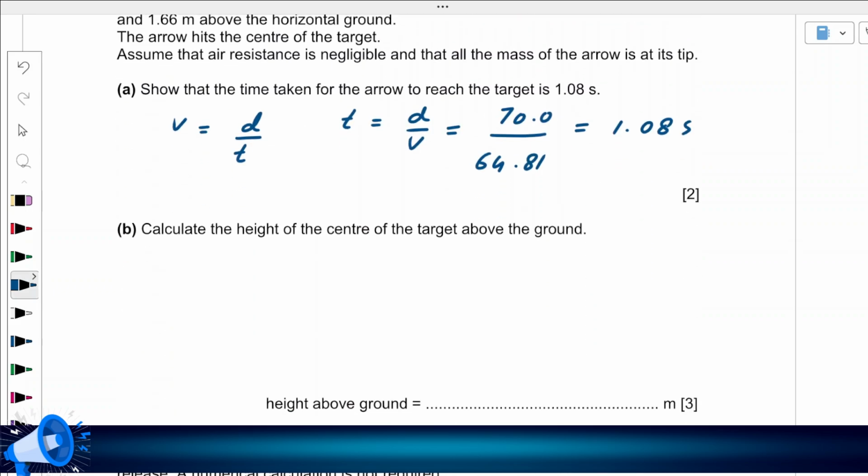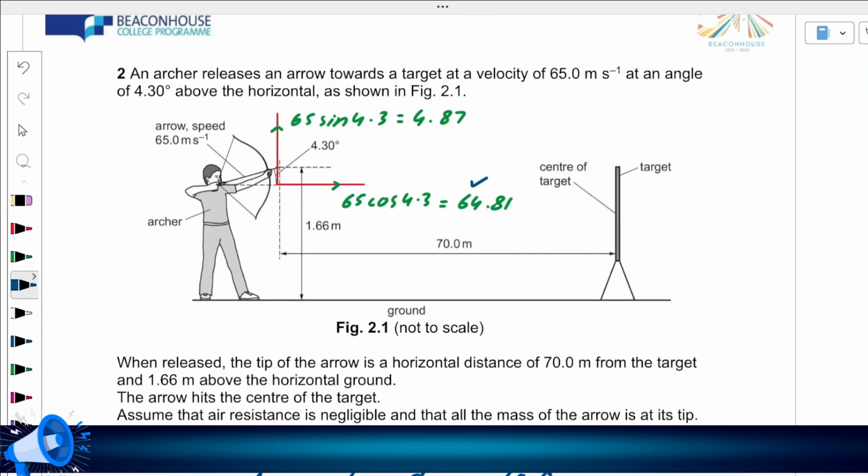Then calculate the height of the center of the target above the ground. So the center of the target is someplace over here. We need to find the height of it above the ground.